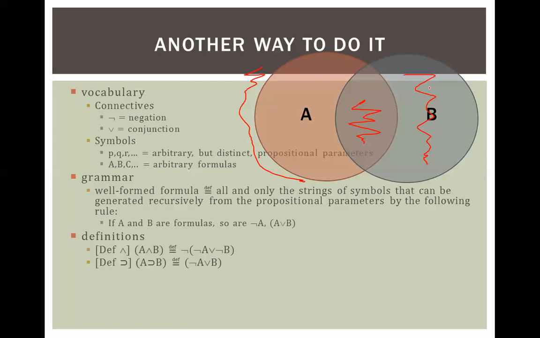So if you're in either one of those two things, but see, you're not in this area right here. So you can't be in A and not be in B, and that's basically what the if-then is anyway, right? So they just define based on these guys right here, and they get the meaning that we already know.